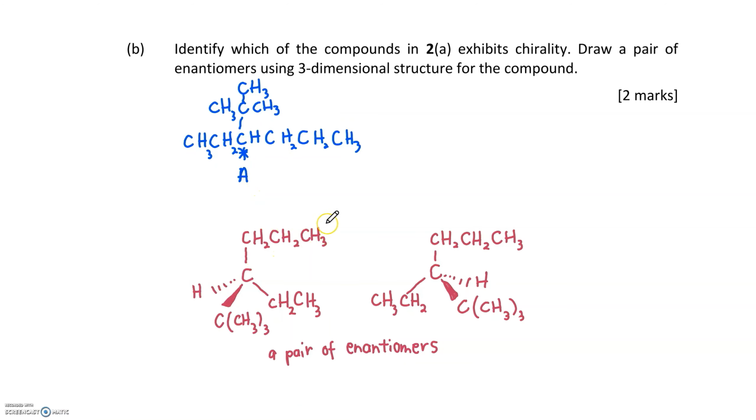So this is this group, CH2CH3, the ethyl group. The tert-butyl group is this group, and it is also bonded to 1 hydrogen atom.